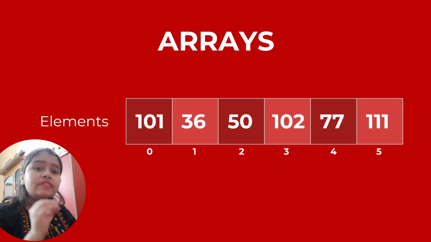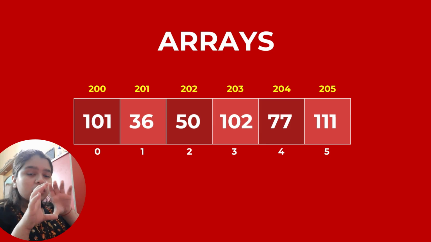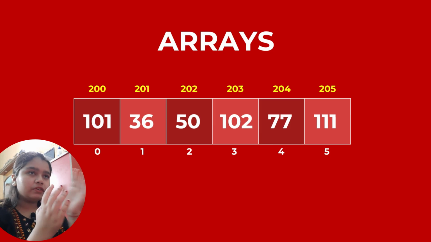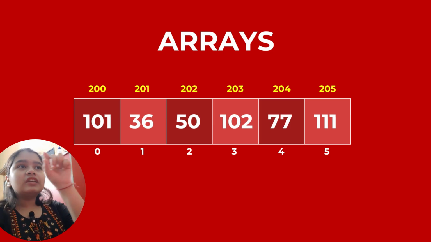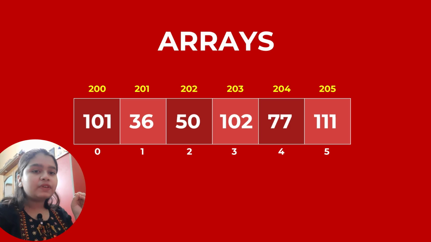So in the memory, how does it look? In the memory, it is stored in a consecutive manner, one after the other, like it is shown here. And these yellow things are the address of each element.